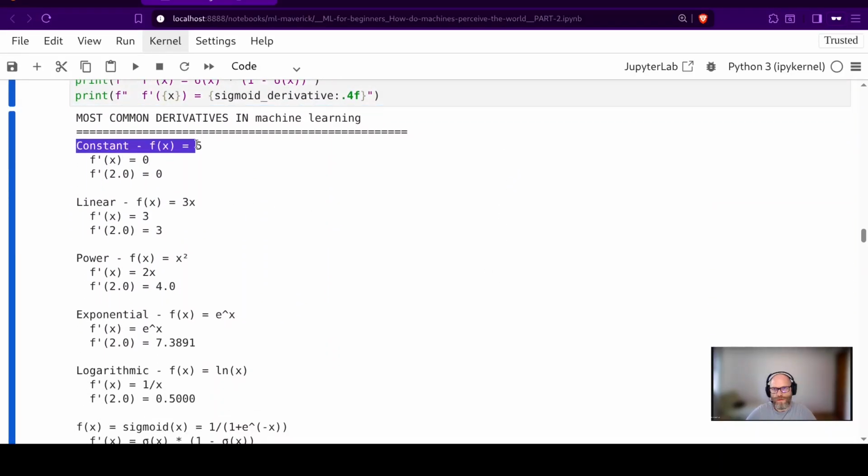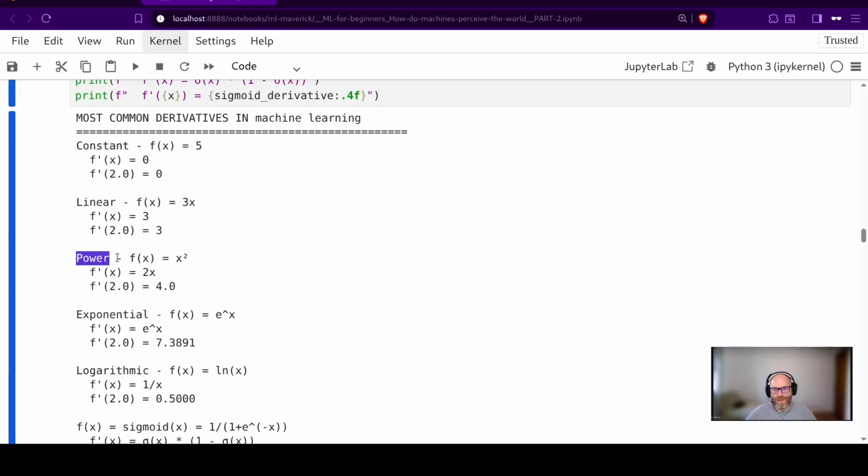So for constant f of x equals 5, the derivative will be equal to 0 no matter what value we pass. For linear function, f of x equals 3x, the derivative will always be 3 because this is the slope and the derivative is the rate of change.